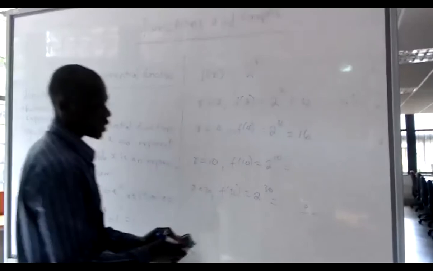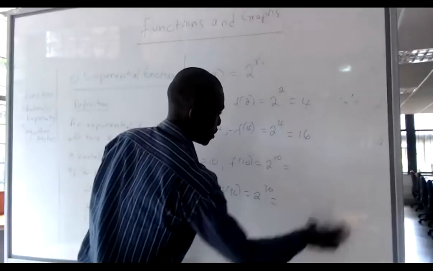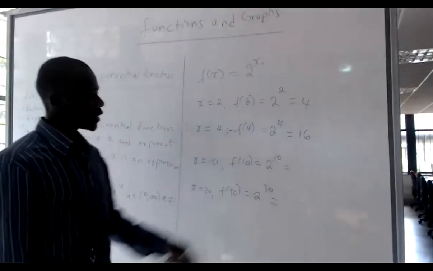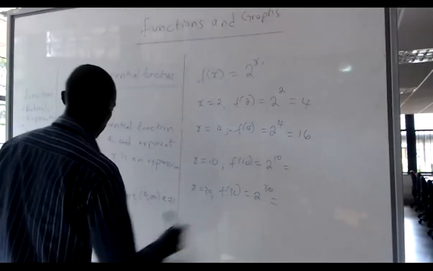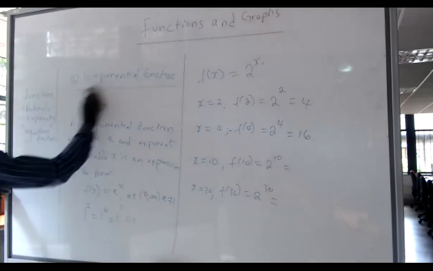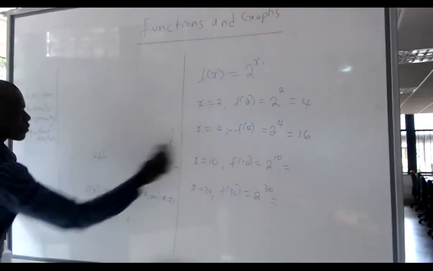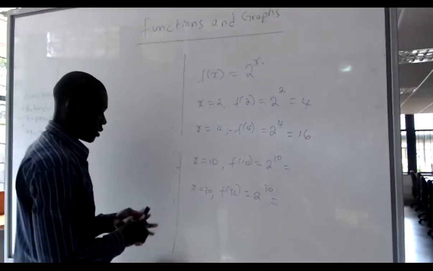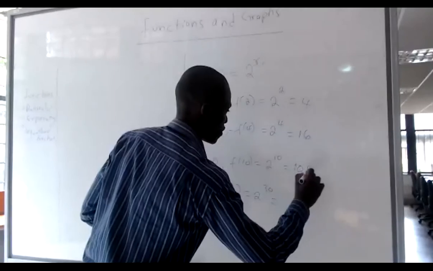Those who have calculators, please compute this and give me these values. What is 2 raised to power 10 and 2 raised to power 30? 1024. There's an observation I'd like us to make. So this is 1024.